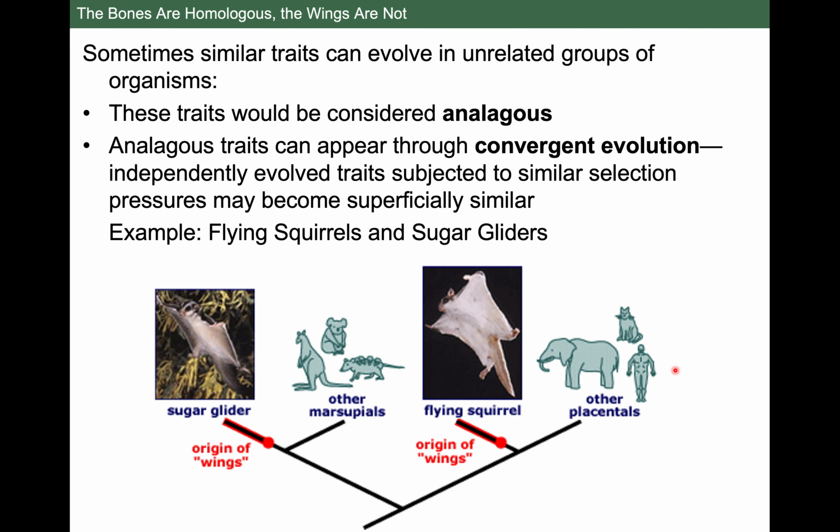So, kind of a classic example of this are the wing flaps that are shared between sugar gliders and flying squirrels. You're probably familiar with flying squirrels. They live in Kansas. You find them around here in southeast Kansas for sure. Whereas sugar gliders, if you know these, you may have seen them in pet stores.